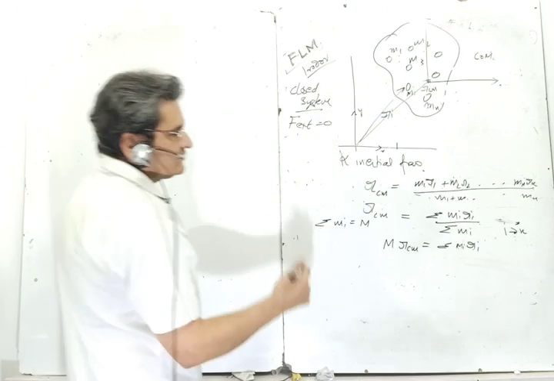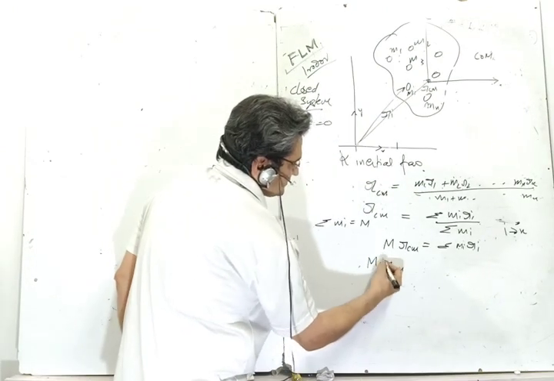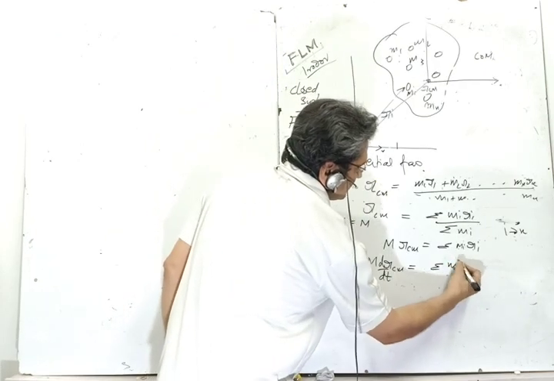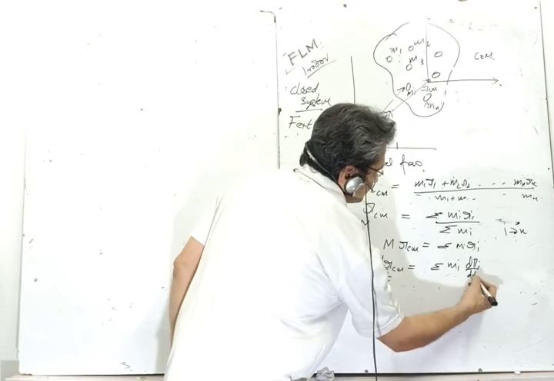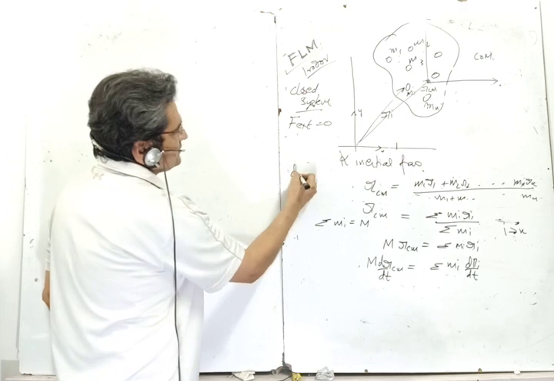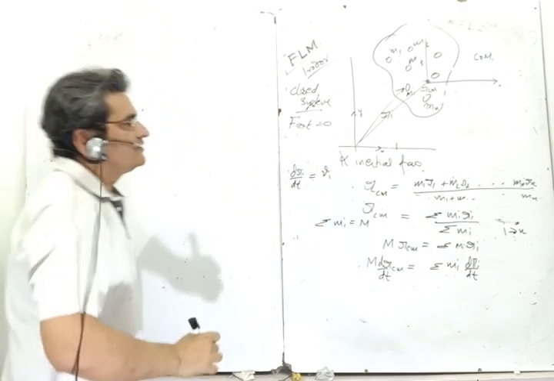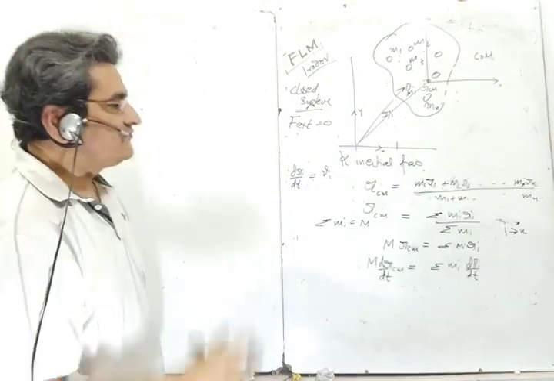Now if I differentiate both the sides, I get M d upon dt of r center of mass is sigma mi d ri upon dt. So what is d ri upon dt? d ri upon dt is vi, which is the velocity of each particle in vector form in the K frame.